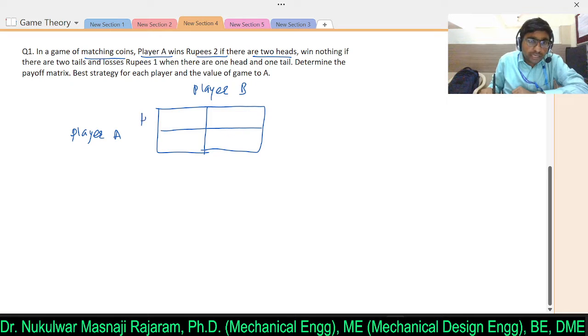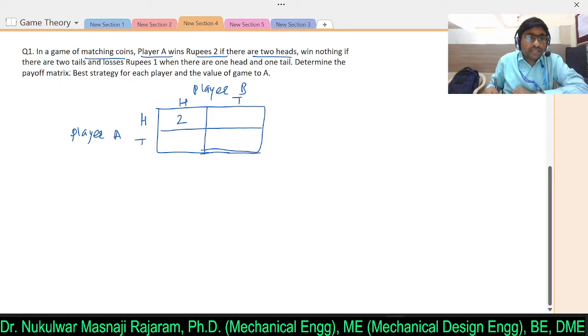So player A will have head or tail, and player B will have head or tail. I am constructing this particular matrix for player A. Clear? So player A wins ₹2 if there are two heads. Means if player A plays head and player B plays head, then player A will win ₹2.